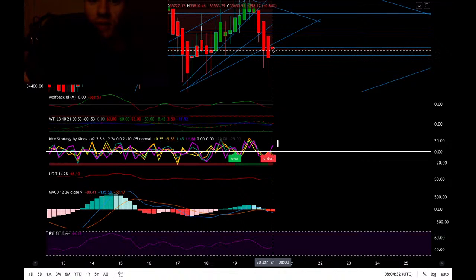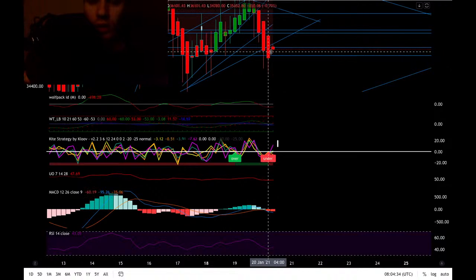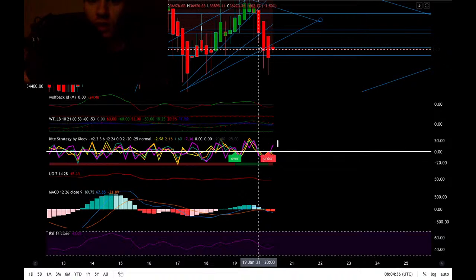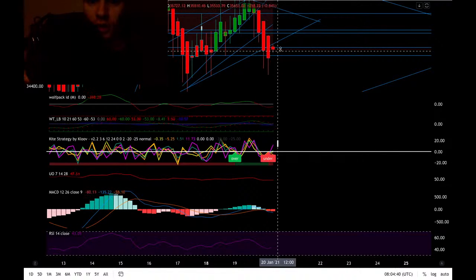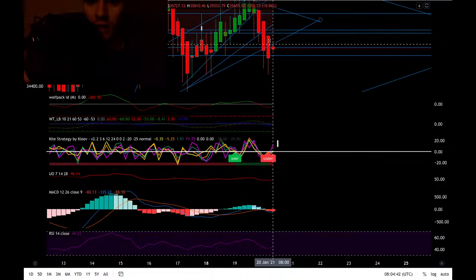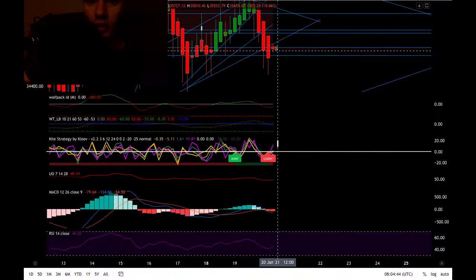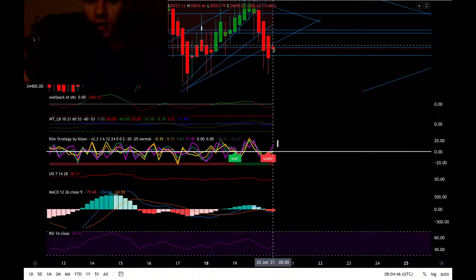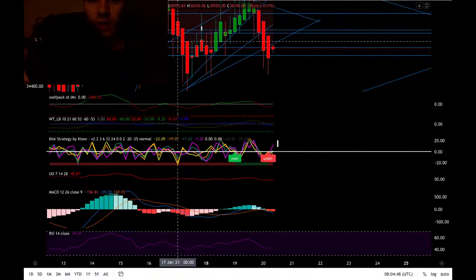If it comes down to this candle body right here, this could potentially be support, and we could bounce up higher. But this has already clearly been, we clearly got rejected the first time, and that's why we're seeing this downwards price action.